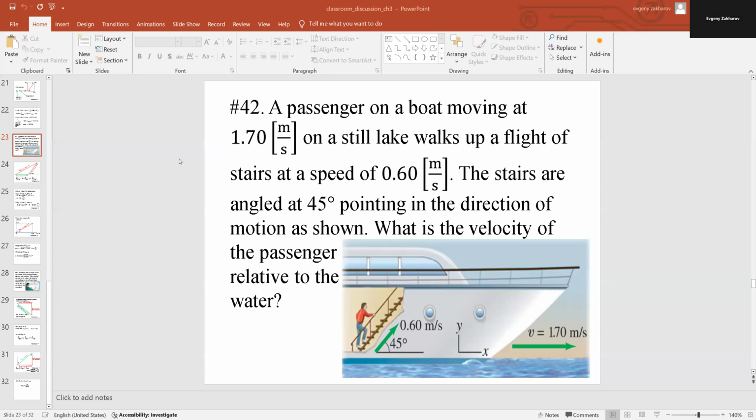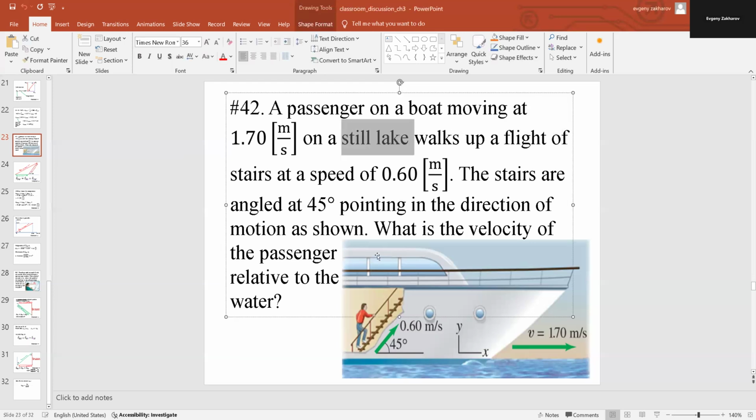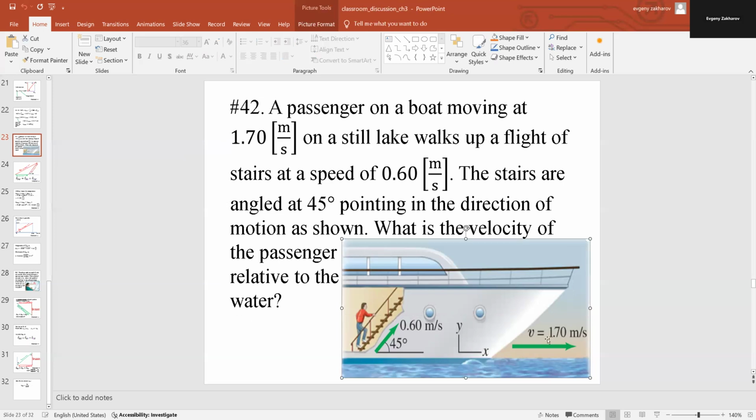Here is a problem that is a good example of what's going on with that transformation. We got a passenger on the boat, and the boat is moving at a certain rate on a still lake. So the lake is just still, and the boat is moving just by itself with respect to the lake.